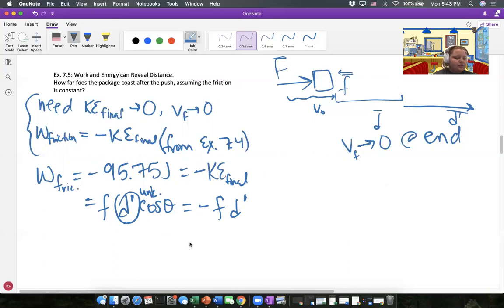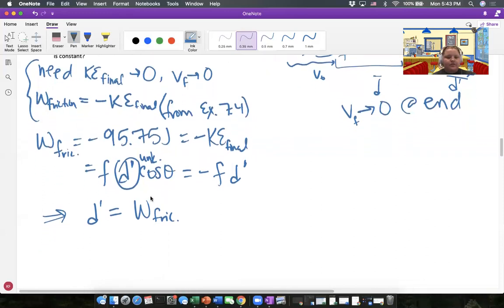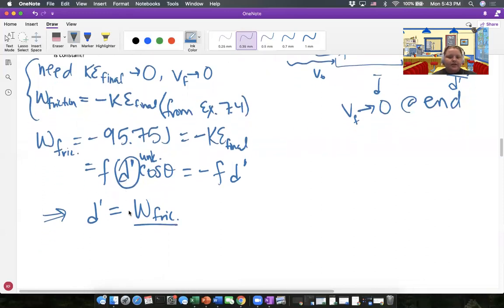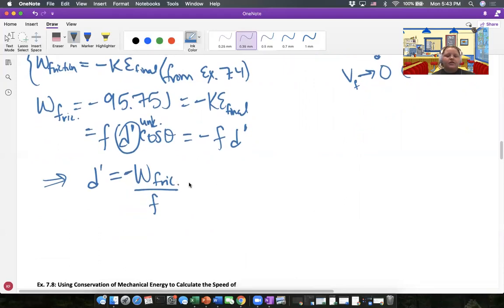Okay. So if we go ahead and rearrange this to solve for my d prime, I get our W frictional divided by F, and there is also going to be a negative sign, okay? So now our distance is going to be negative times our frictional force, or I'm sorry, our frictional energy or work.